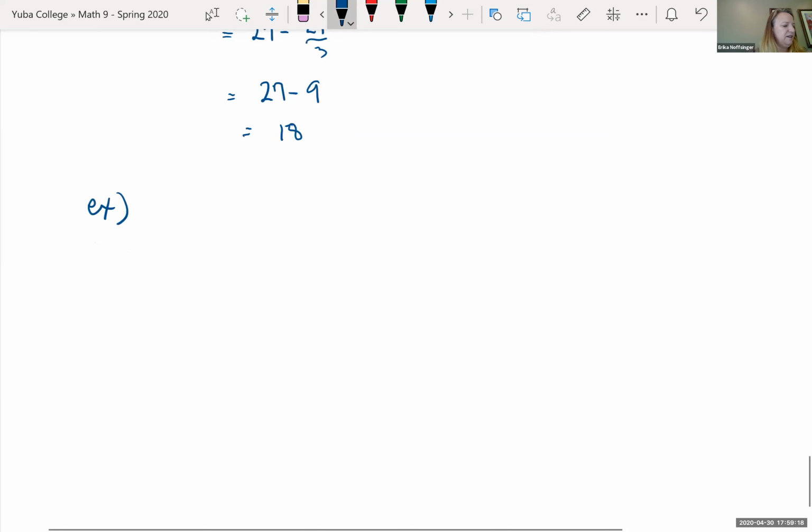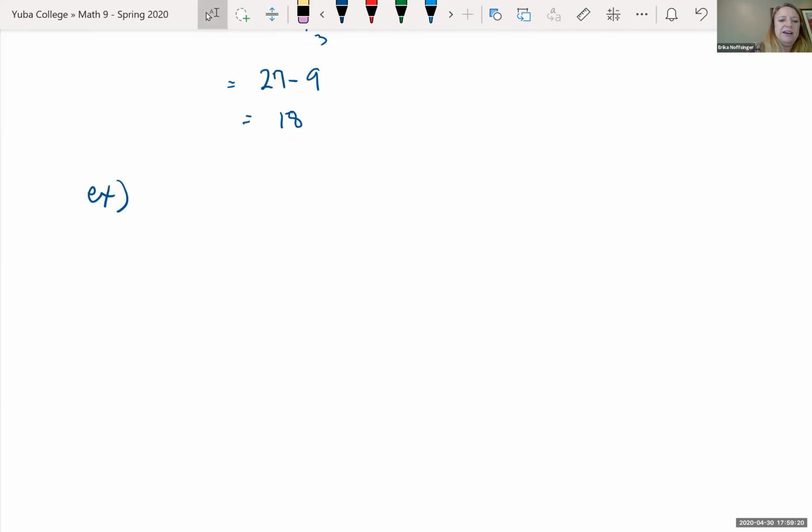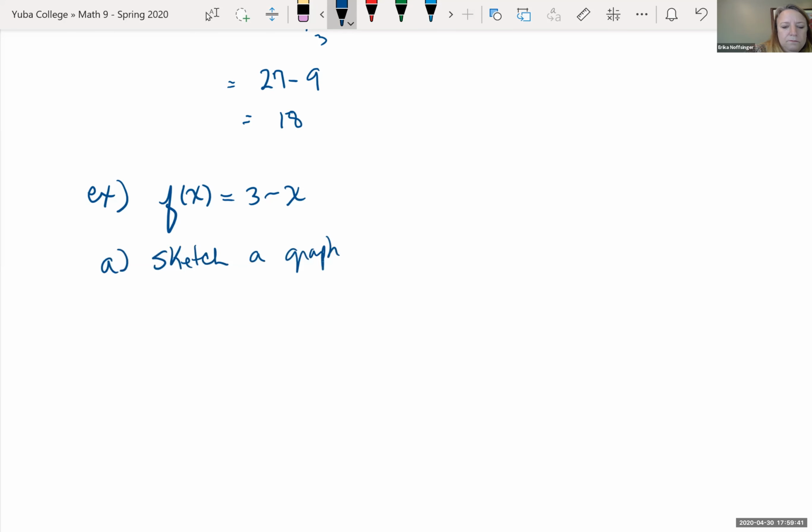Let's say you have f of x equal to 3 minus x. And we want to sketch a graph of f of x, and we want to find the area between the x-axis and x equals 4 and 8.